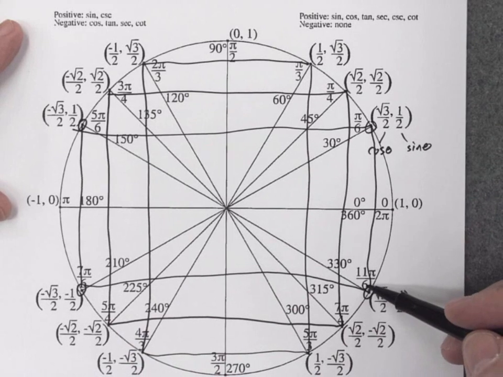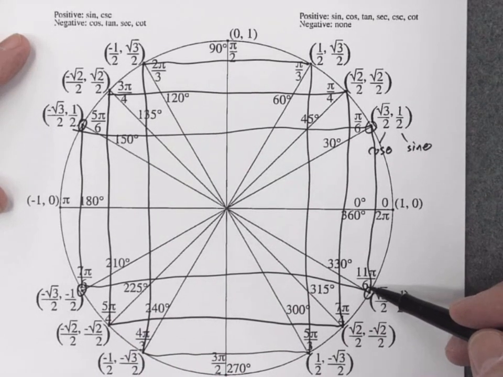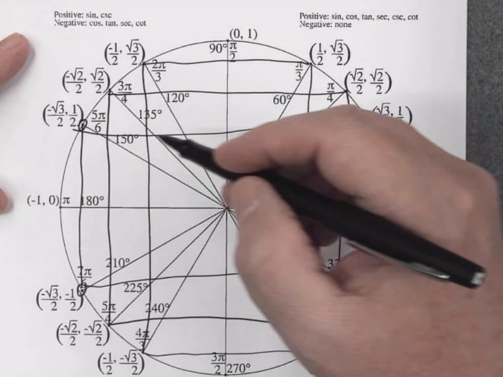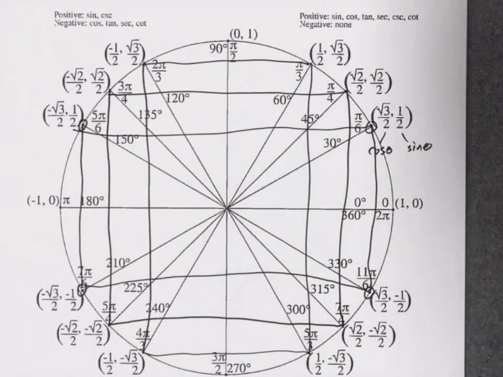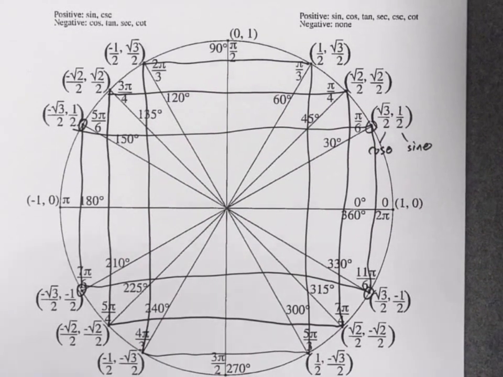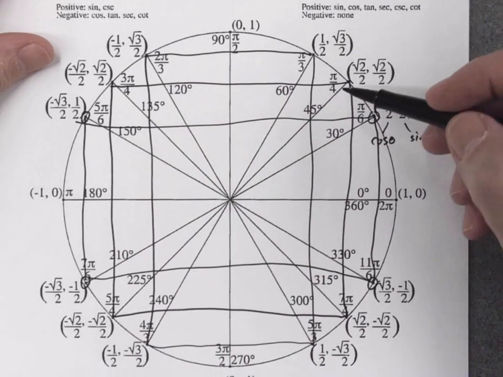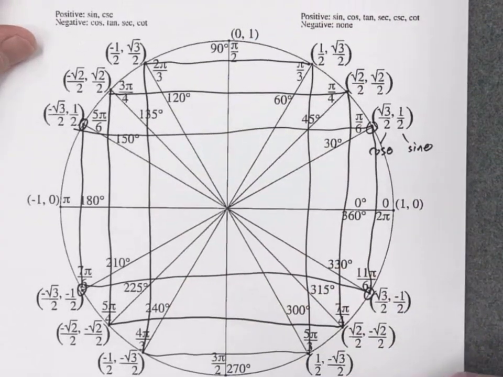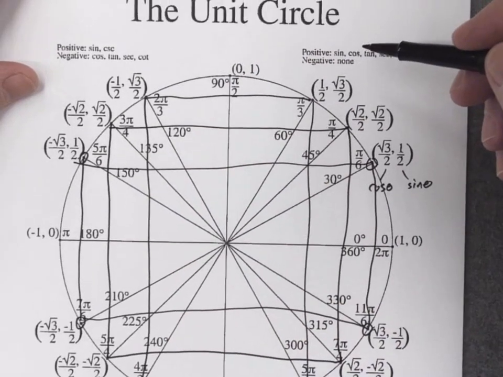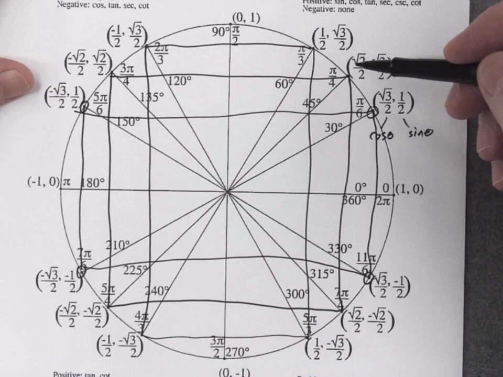All the angles with the 6 in the denominator have the same reference angle. Therefore, the values of the trig functions are all the same. So reference angles become a very powerful thing. And reference angles really are the whole reason why we can create this unit circle and why we can use it.